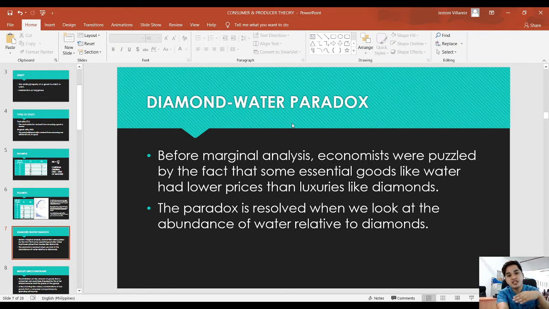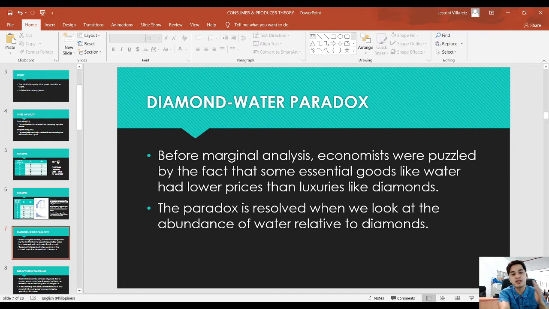So that's how marginal utility analysis is applied to the diamond-water paradox, because people will value diamond more based on the additional satisfaction it gives compared to water. Right?